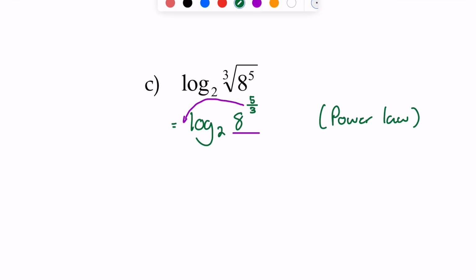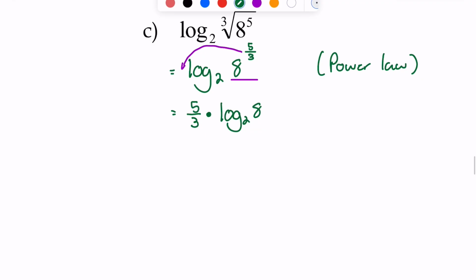So I can rewrite it as 5 over 3 multiplying my logarithm.